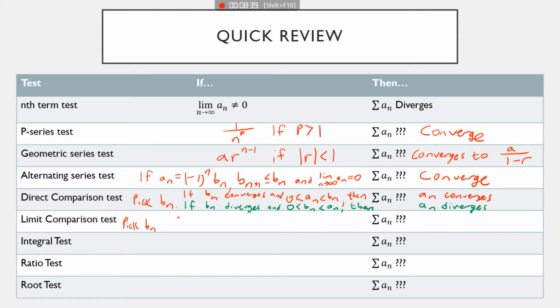Then if the limit as n approaches infinity of a to the n divided by b to the n is equal to some constant c, such that c is greater than 0, then what would be true?